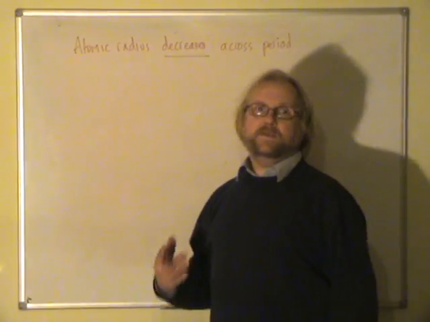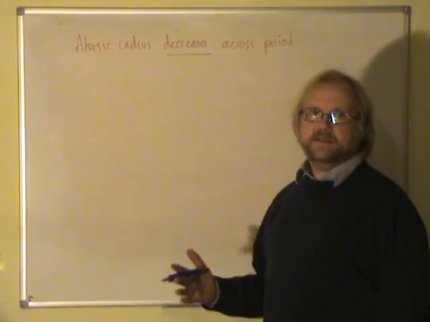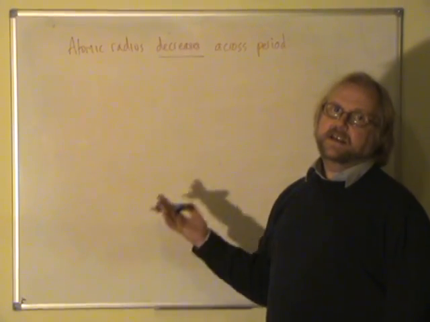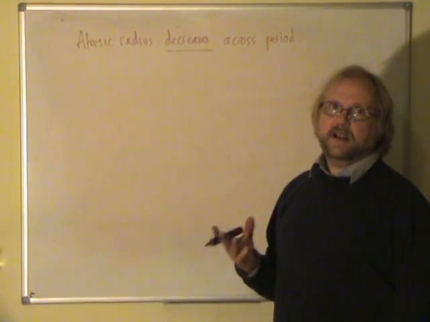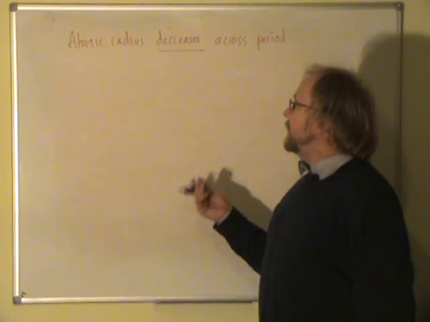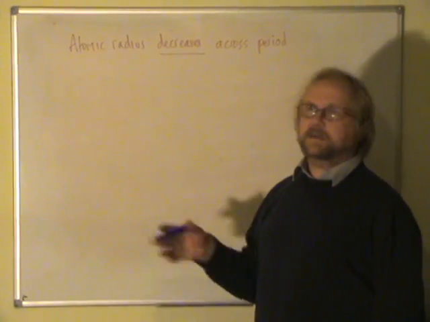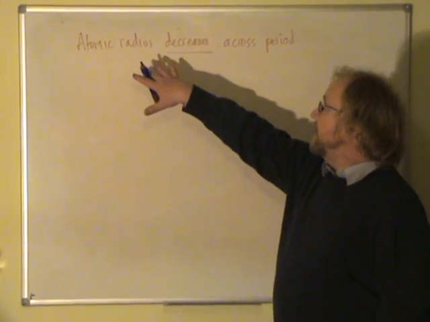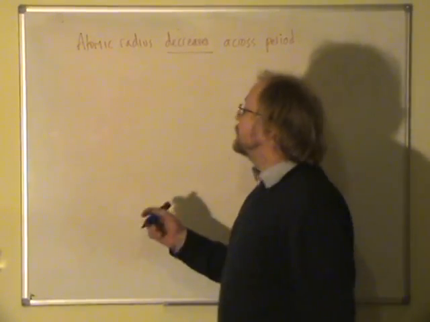So to explain that fully, you need to be essentially using this checklist, the same as you would with ionization energy. So let's remind you of the general things you need to be talking about, and then see how that applies to this particular question.